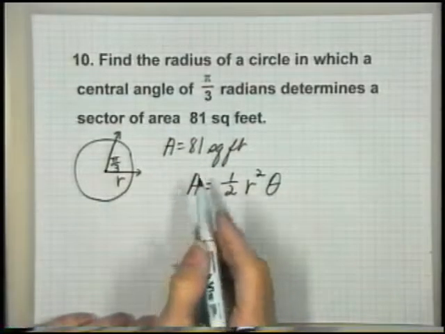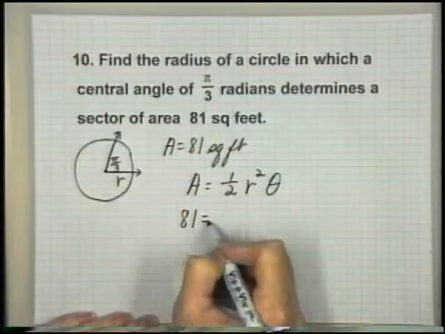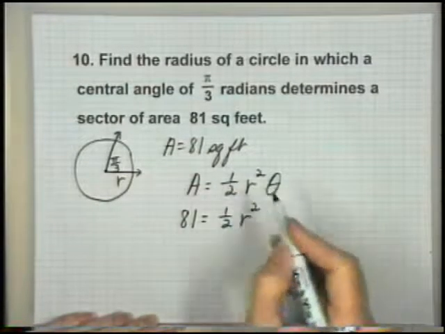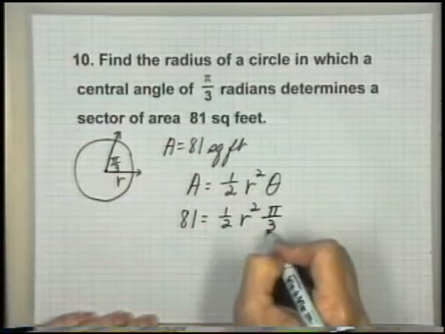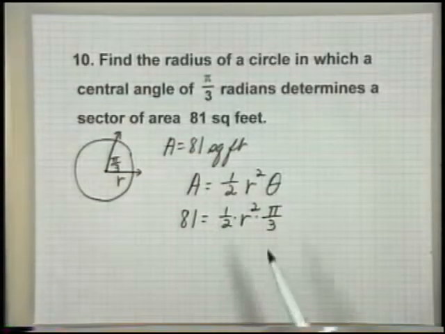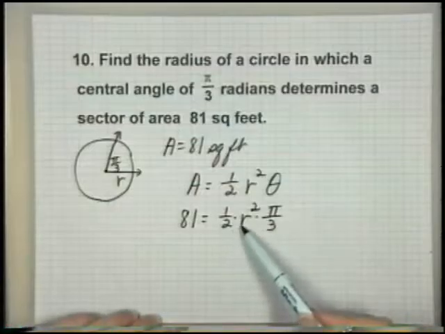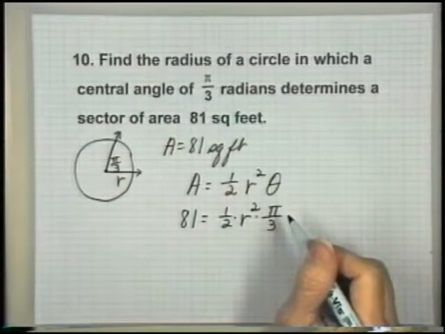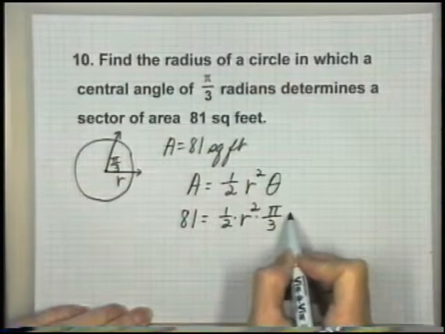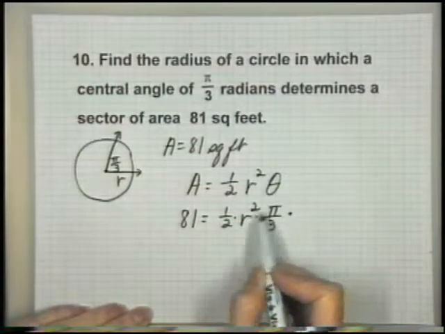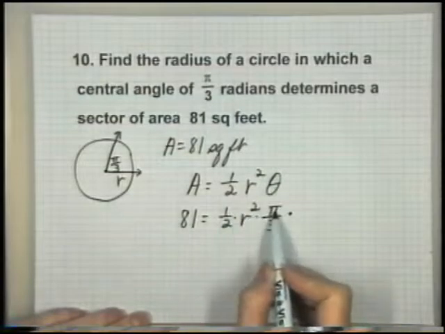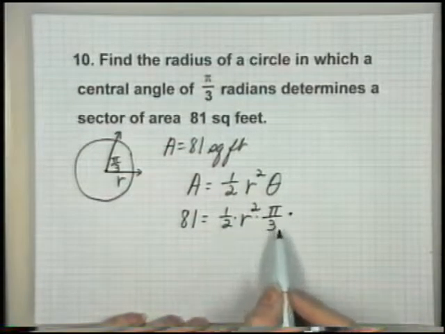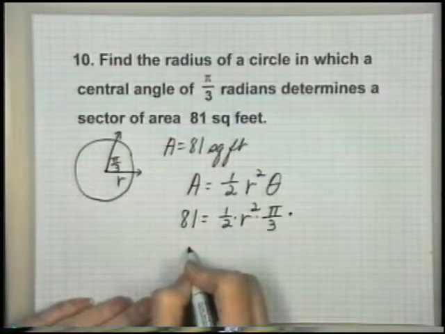So we'll write our formula. Our A is 81. We are looking for R. Our theta is in radians. It's pi over 3. So what I need to do is to solve this equation first for R squared, and then I'll solve it for R. I need to undo this multiplying by pi and dividing by 2 times 3 is 6.